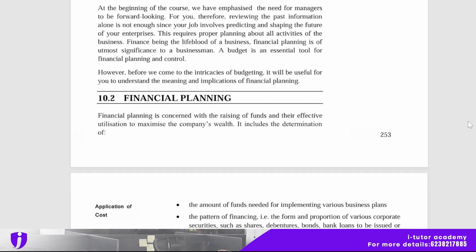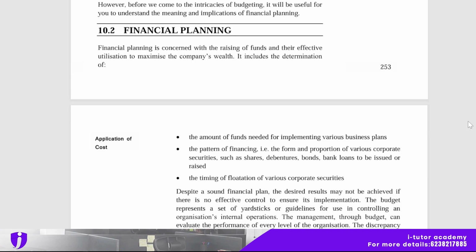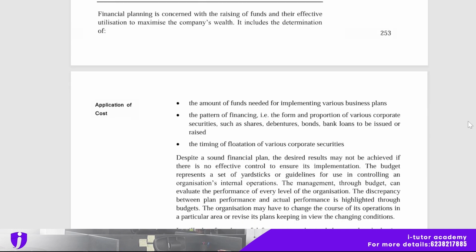However, before we come to the intricacies of budgeting, it will be useful for you to understand the meaning and implications of financial planning. Financial planning is concerned with the raising of funds and their effective utilization to maximize the company's wealth.